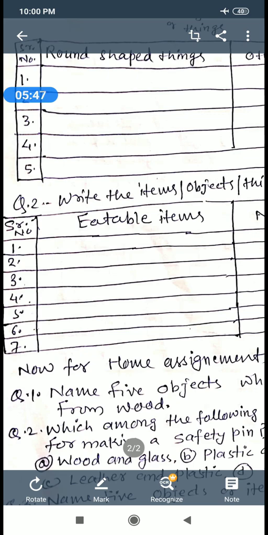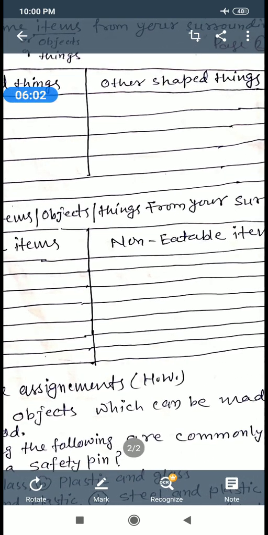First, second, third, 3 columns. Eatable items are items that you eat, like chocolate, kurkure, roti. And the other column which you have to fill is non-eatable items.